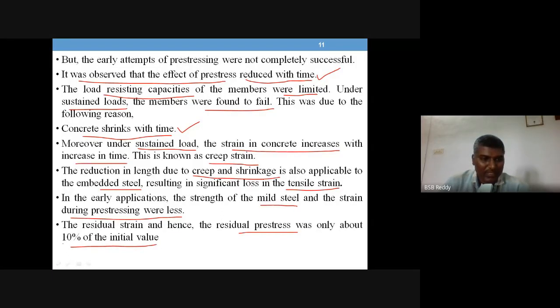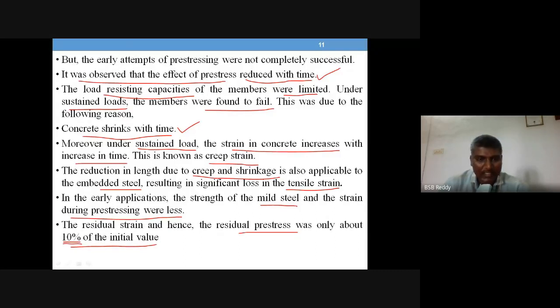This is a very astonishing number, which means if you induce a 100 megapascal stress, finally what will remain is just 10% of it.